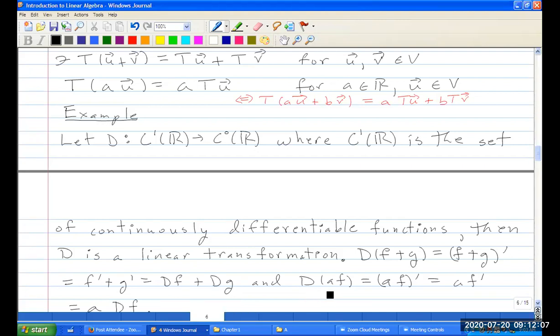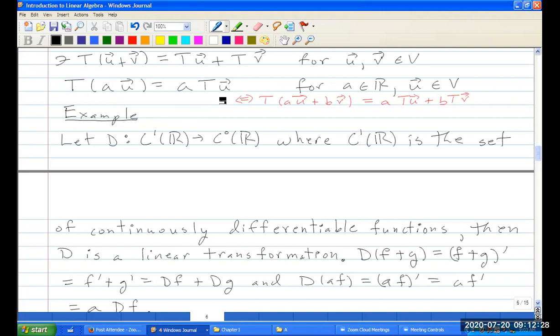Next, D of a f, let's see if that's equal to the following. Well, that's a f prime. By the constant multiple rule, this is a times f prime. Oh, this is the constant multiple rule.